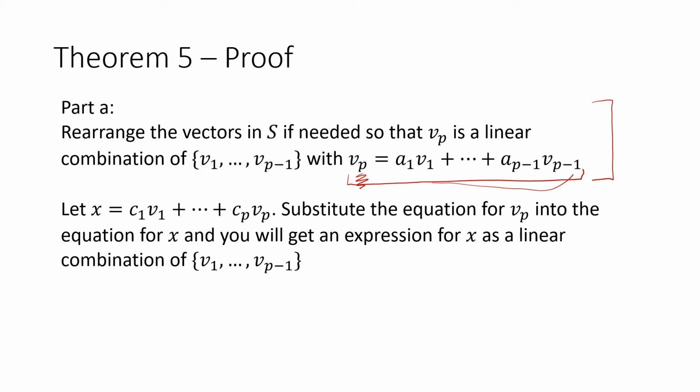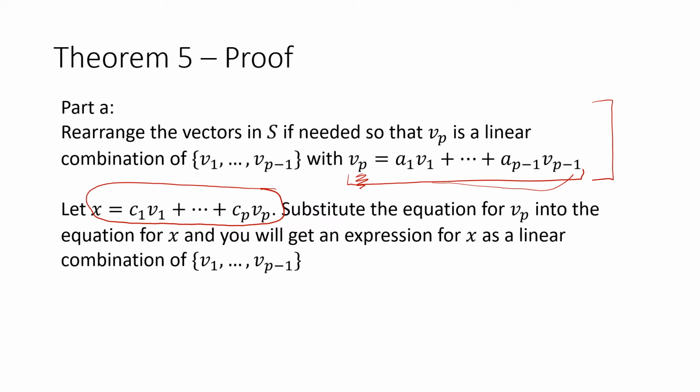In other words, the span of the first set, everything you can build from it, is equal to the span of the second set, everything you can build from it. So how are we going to do that? We're going to say, here is a vector that we build from the bigger set, and we're going to show that no matter what that vector is, we can build it from the smaller set.